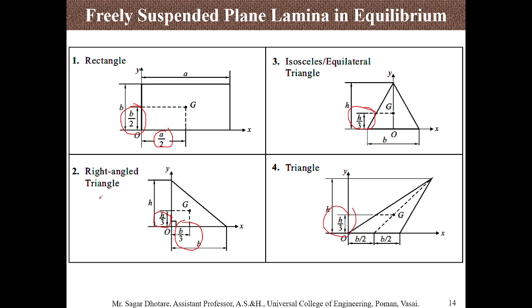But in the right angle triangle, both have values because at 45 degrees it is symmetric. So the values of x bar and y bar are equal to h by 3, or you can say b by 3.